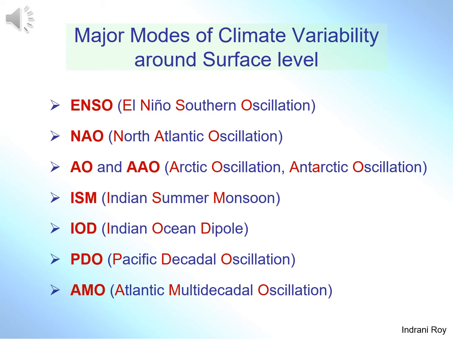And you can tell that the Arctic Oscillation is present in the Arctic region and Antarctic Oscillation is in the Antarctic region. Then Indian Summer Monsoon, then Indian Ocean Dipole, and then finally two decadal scale oscillations, Pacific Decadal Oscillation and Atlantic Multidecadal Oscillation. Those two are longer scale oscillations.